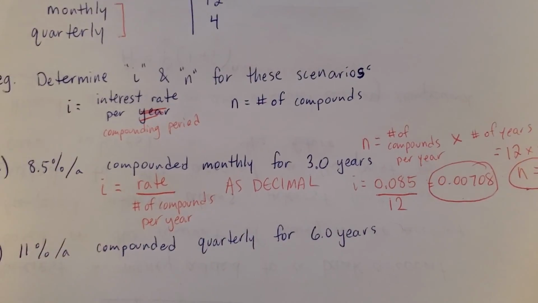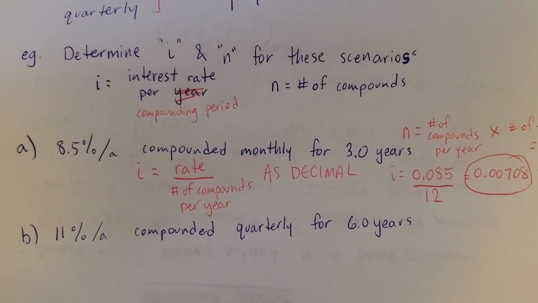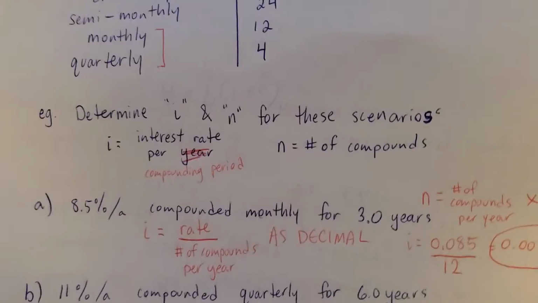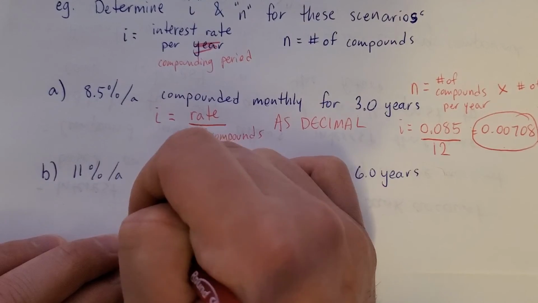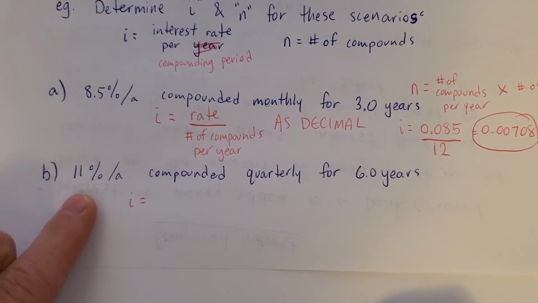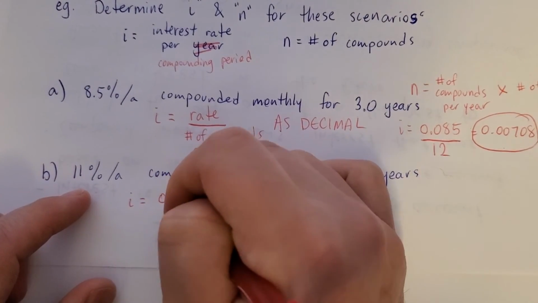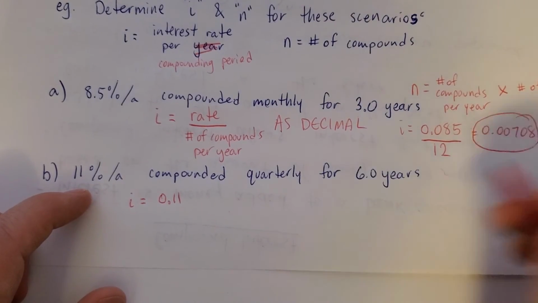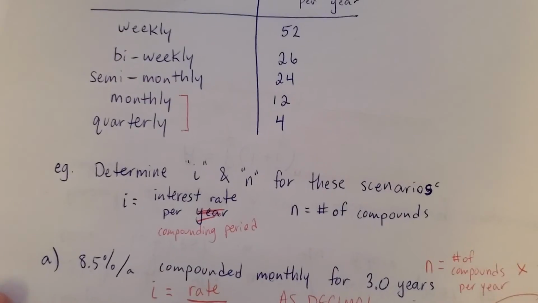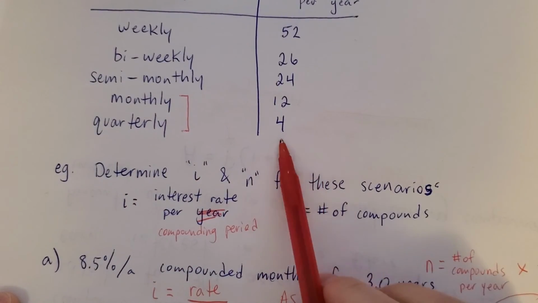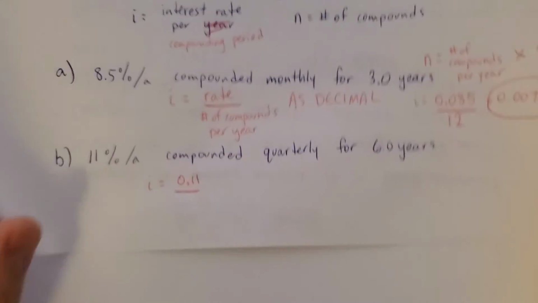So I've got another example for us to get through here. I'm going to say it's 11% annual, compounded quarterly for 6 years. So I, it's the rate as a decimal, so divided by 100, divided by how many times it gets compounded each year. Quarterly, I mentioned, will be pretty common in questions, and that's 4 times per year.